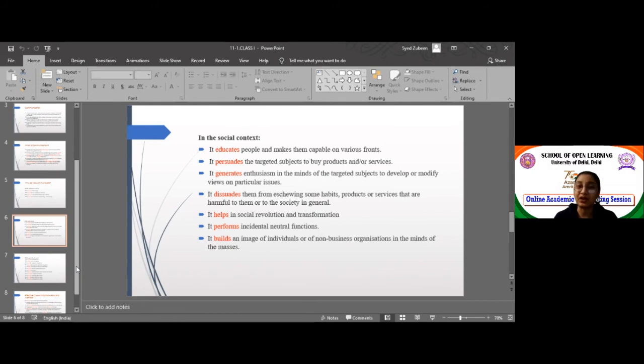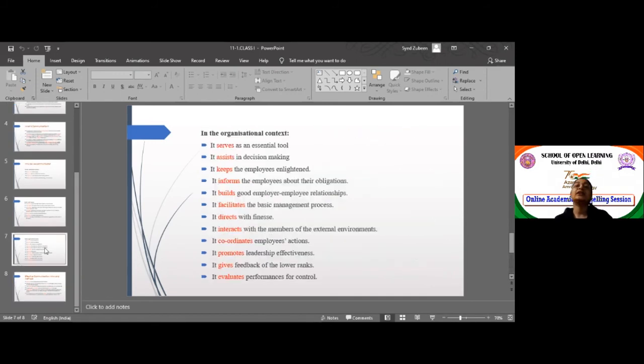It helps in performing many functions, and it also helps in building an image of individuals in a social context. Then in the organizational context, we looked at how communication is very important for a professional working in an organization. It serves as an essential tool because it helps in connecting to his or her peers and to the managers.